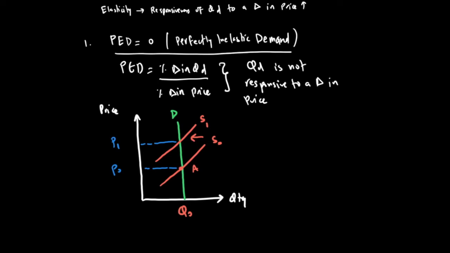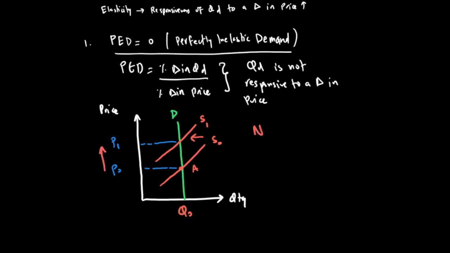So when you have a perfectly inelastic good, it's very important for the consumer. It's so important for them that they are not willing to cut down the quantity and are willing to pay a very high price for it.